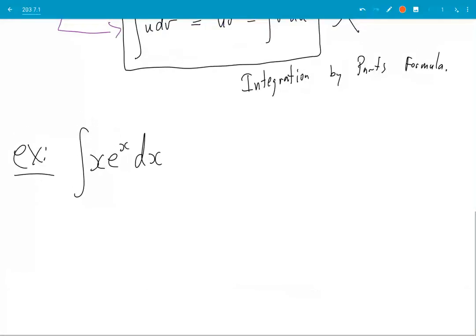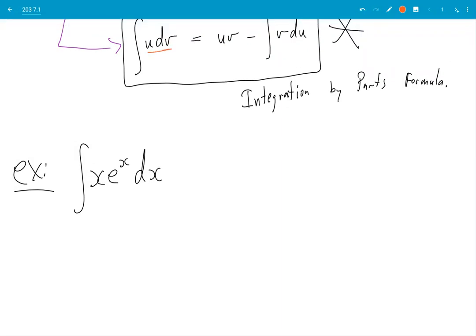So we have to make some choices here. We have to choose u and dv so that the product u dv equals this thing here. So I'm going to choose u to be, well, I'm going to tell you 9 times out of 10, if there is a polynomial present, u will equal that polynomial.